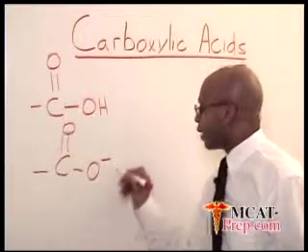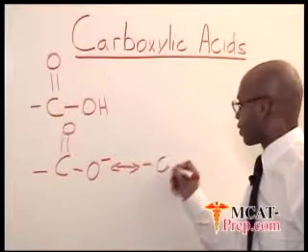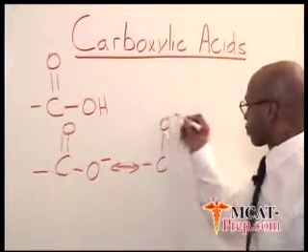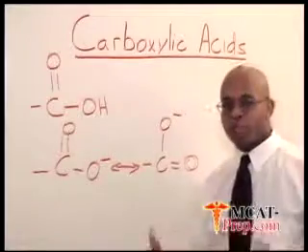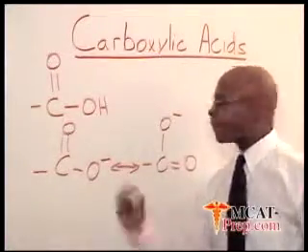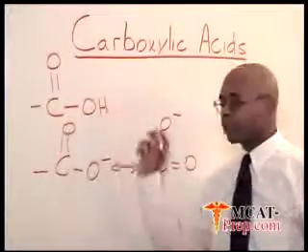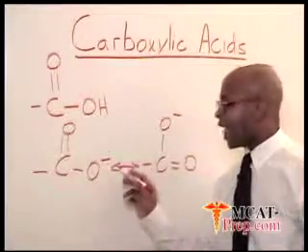O minus, which is, of course, equivalent to writing this. And this is what's called resonance structures. Here are two equal structures we can write at the moment that the proton is delivered, and we're looking at the stability of the product. We get this anion.